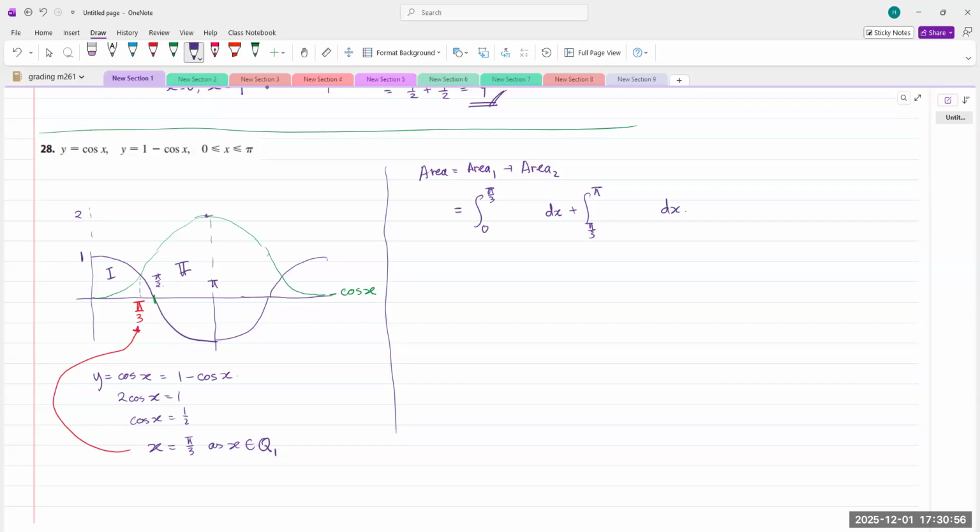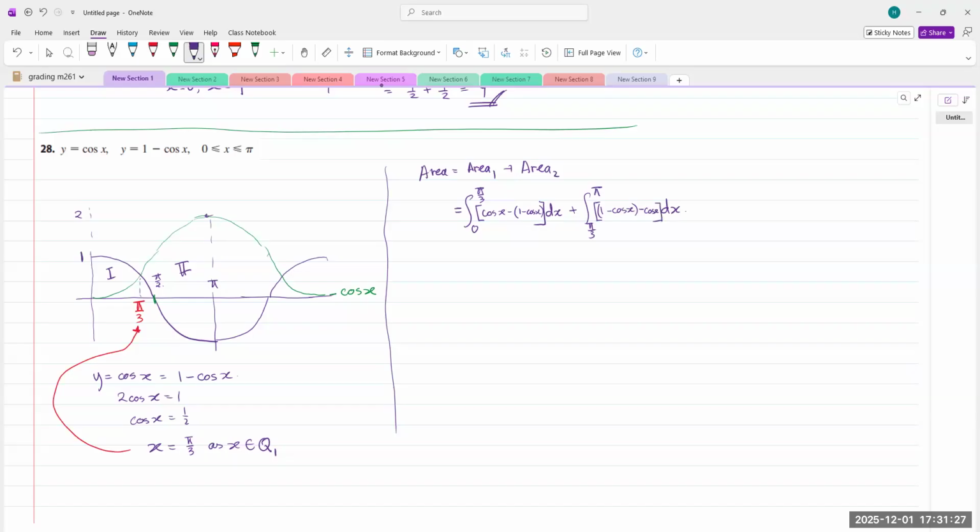Okay? Now let me put in the function. In the first region, the upper function is cosine x. The lower function is 1 minus cosine x. I squeezed this in a little bit, I'm sorry. And for the second region, the upper function is 1 minus cosine x. The lower function is cosine x.